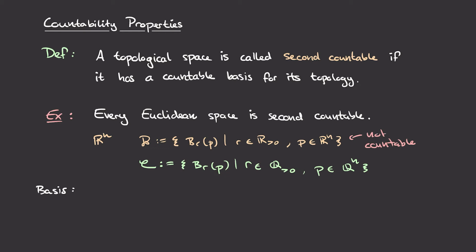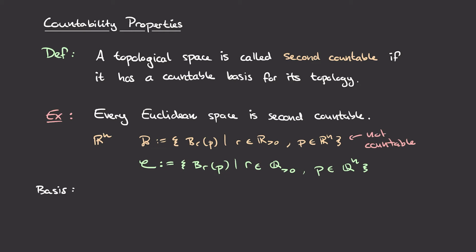First of all, every element of the basis has to be an open set in the topology we're interested in. And second, we have to be able to write every arbitrary open set of the topology in terms of a union over basis elements.